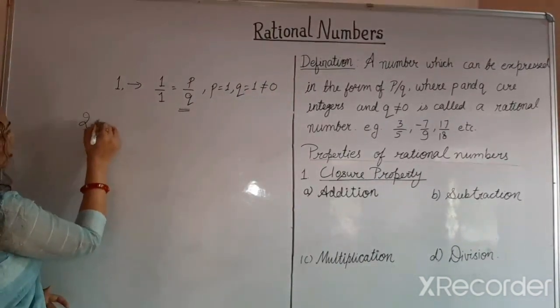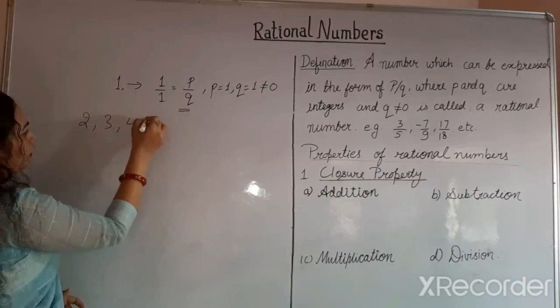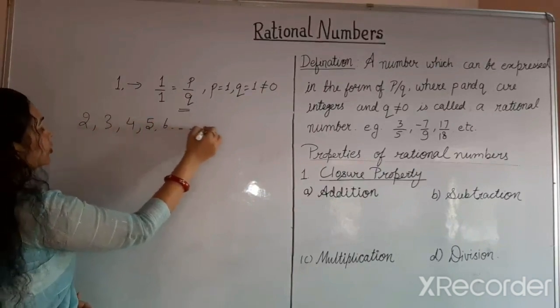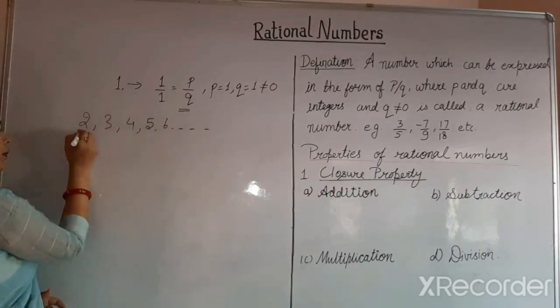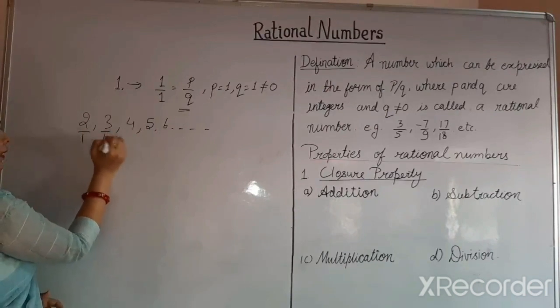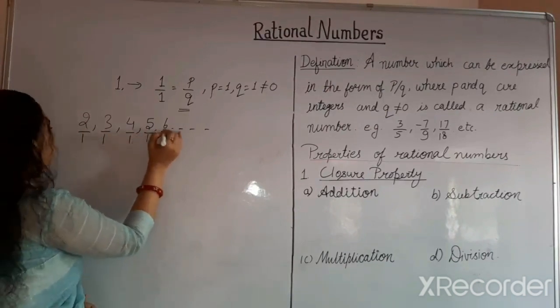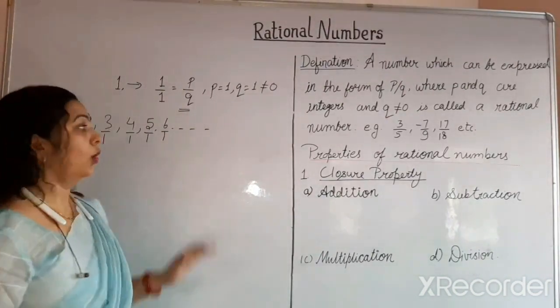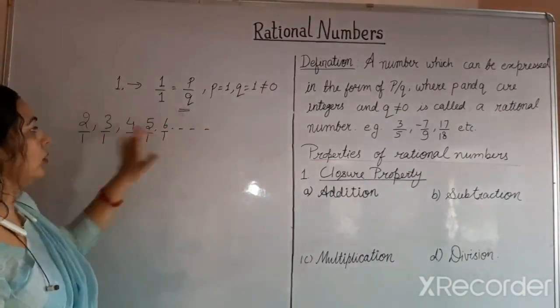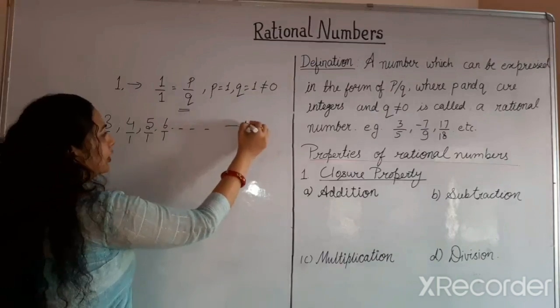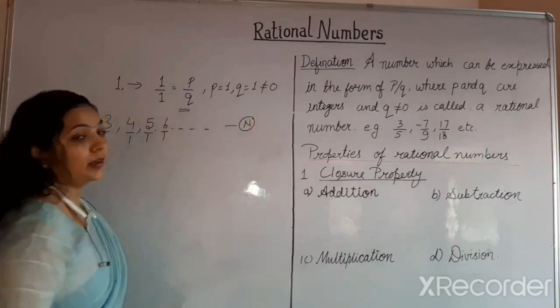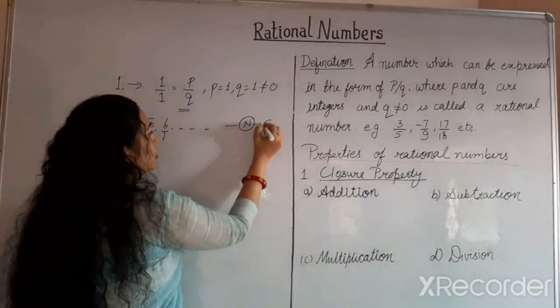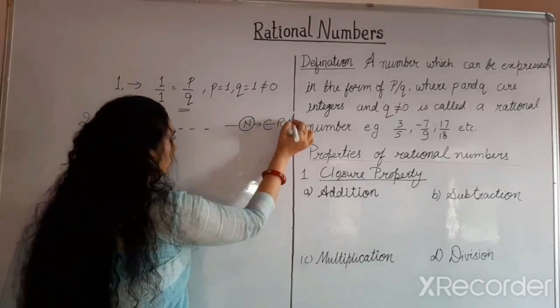Similarly, we can say that 2, 3, 4, 5, 6 and so on, all these are rational numbers because we can write them like this. So all of them can be written in the form of p by q. So which numbers are those? These are natural numbers, right? So all natural numbers belong to the group of rational numbers, right?